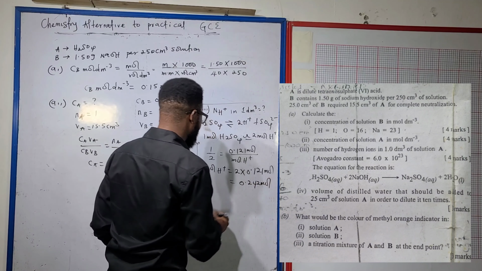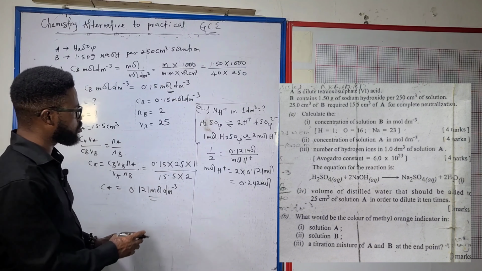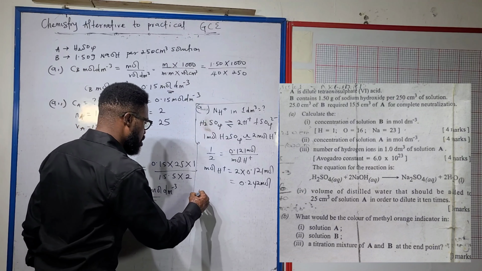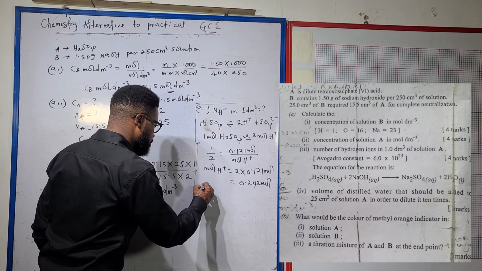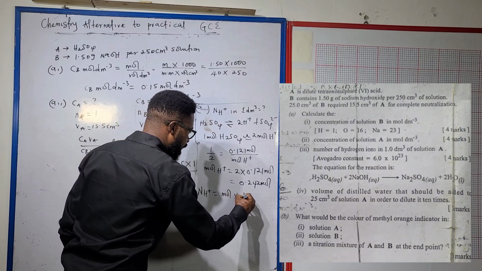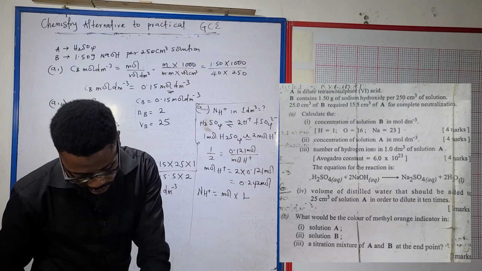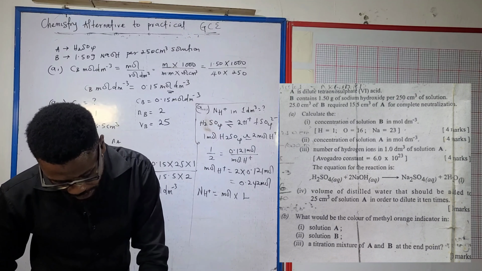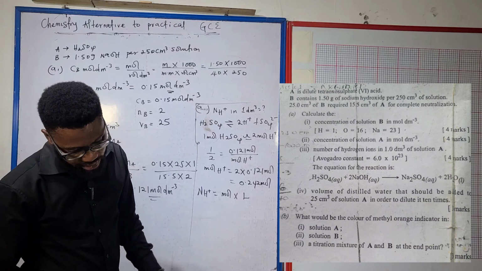So having 0.242 mole as my mole of hydrogen ion, remember what I'm looking for is the number of hydrogen ions. The number of ions is always mole times Avogadro's number. For the Avogadro's number, we've been given 6.0 times 10 raised to power 23.